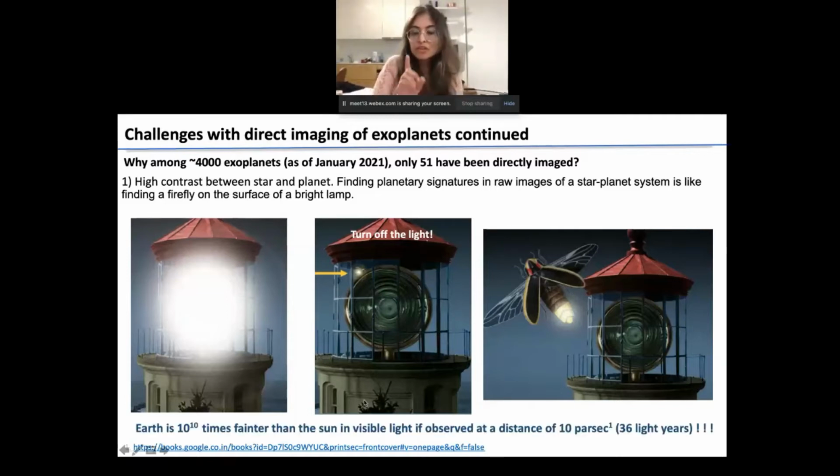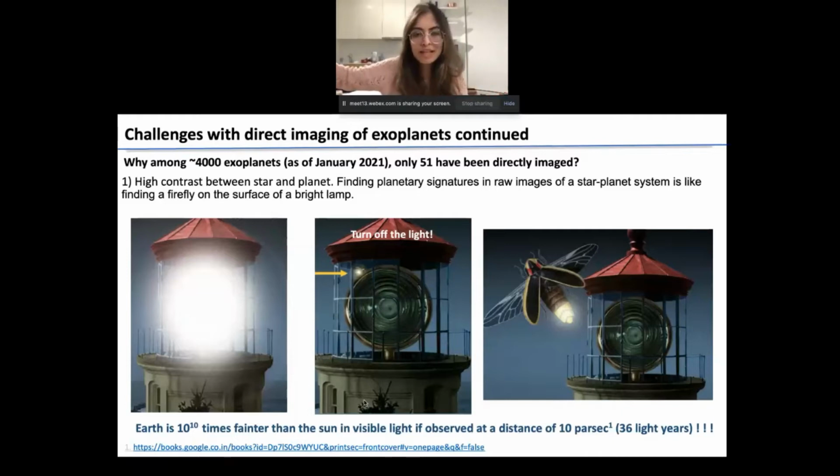For example, if I tell you that you leave planet Earth and you go to a distance of 10 parsec, 36 light years away from our solar system, and you look back, what will you see? Well, you know that we have our sun and we have our planets. You know that the sun has a planet Earth, which is 1 AU, 1 astronomical unit, away from the sun.